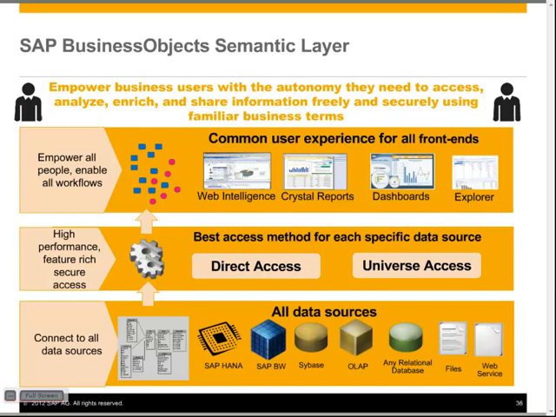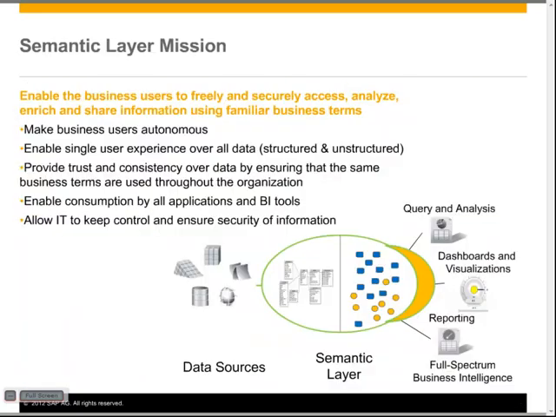Well, we have the Business Objects semantical layer, or universe, or business layer, as it may sometimes be called. So if you try to find a computer chip at the bottom of this slide, you will see that HANA is also one of the data sources that could be used together with a semantical layer.